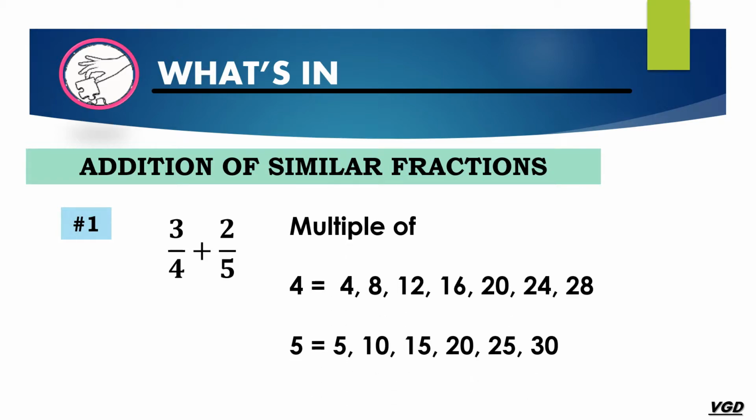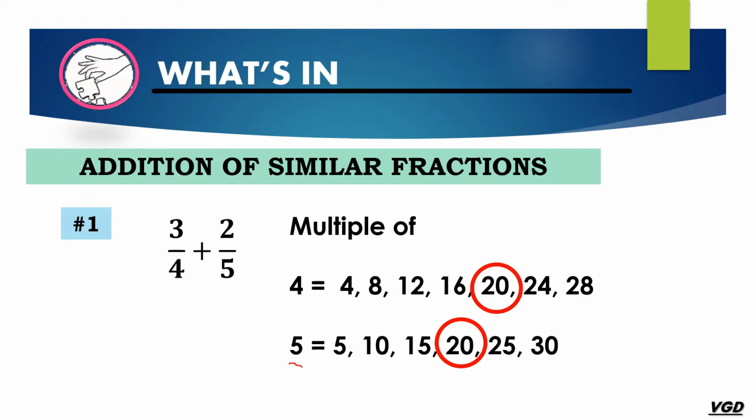So we have here the multiples of 4 are 4, 8, 12, 16, 20, 24, 28. And the multiples of 5 are 5, 10, 15, 20, 25, 30. And as you can see, the least common number for both 4 and 5 is 20.